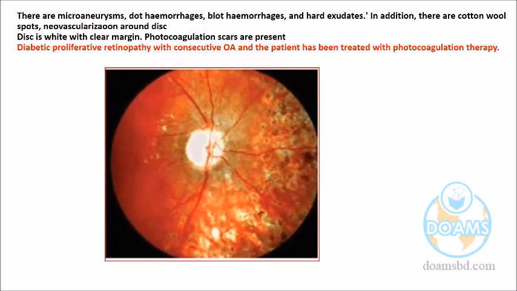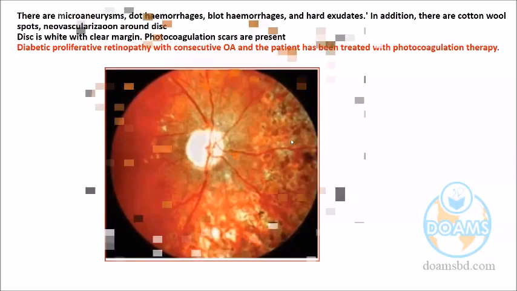It is actually damaging the ischemic retina, because ischemic retina is the stimulus for new vessel formation. So where is the ischemic area? That is the white area, the cotton wool spot. These areas are given the laser therapy. They don't disturb the new vessels. Okay, this is the idea.